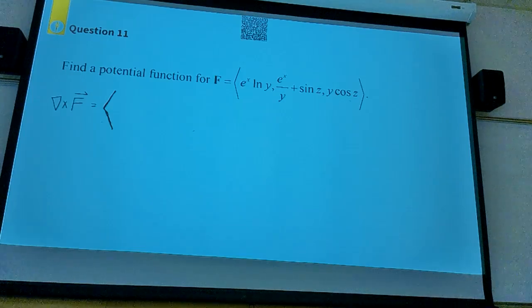Partial z. I'm sorry, partial y of the z component, minus partial z of the y component.